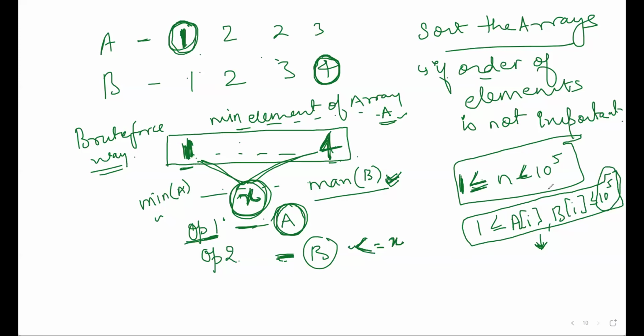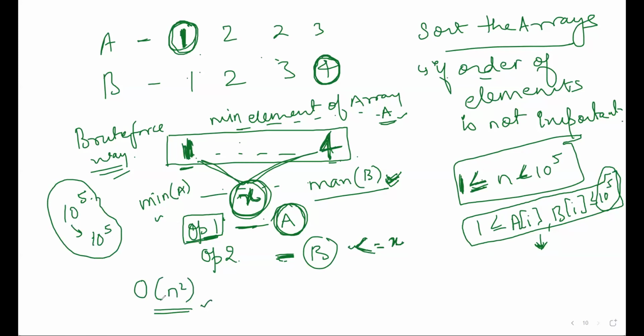And for finding operation 1 on the array, you have to go through all the elements of array A. That will take n operations, and n in worst case can be 10 to the power 5. So this is an O of n square approach.